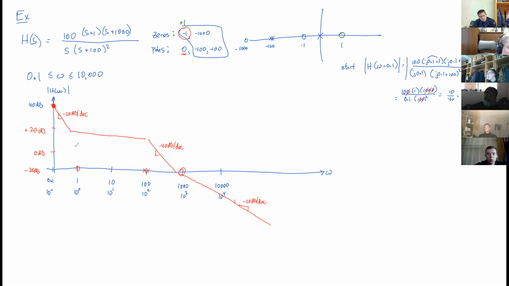And now we'd hit 2 zeros here, and now it'd be starting to go up at +20 dB per decade. You never have to worry about poles being over here and poles being over here. And why is that? Why will that never happen? Because it would just go to infinity and wouldn't be good.